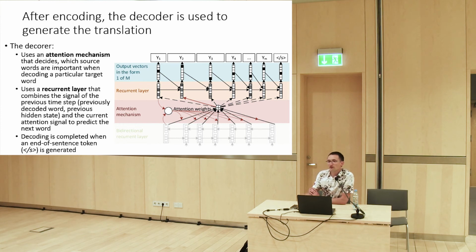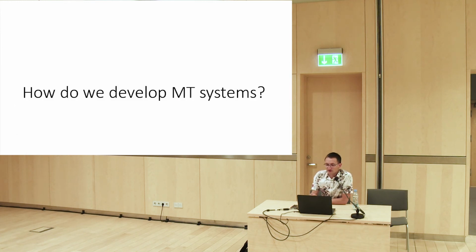This we do till we stumble upon a token that says end of sentence. When we stumble upon end of sentence, the neural network stops translating. So that is how neural machine translation works, and it's 6 o'clock.